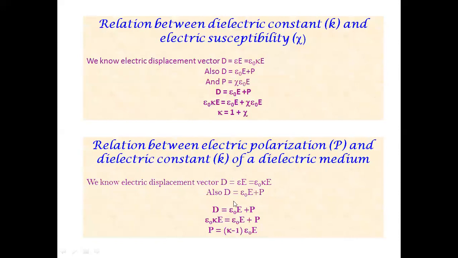So D is replaced by epsilon 0 K E. This right hand side is as usual.